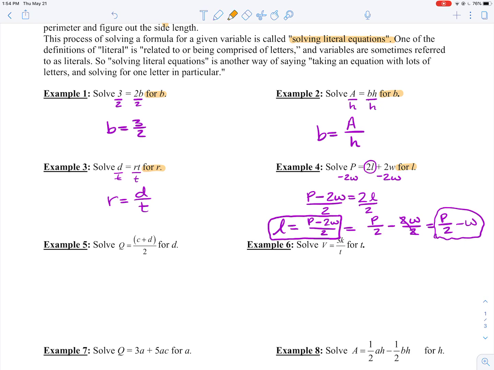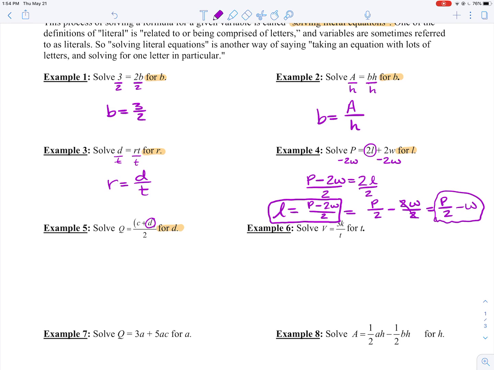In number 5, we're trying to solve this equation for D. Sometimes our equations that we're solving for aren't equations that are like actual formulas. This is potentially a formula from science. I don't recognize it, but the point is we're trying to get D by itself. So I have Q equals C plus D all over 2.